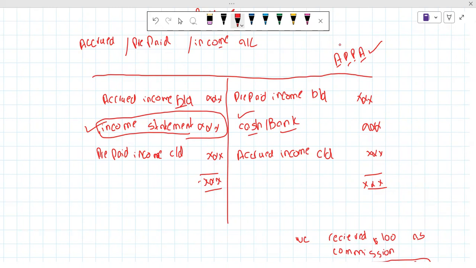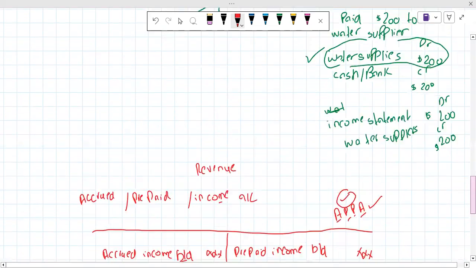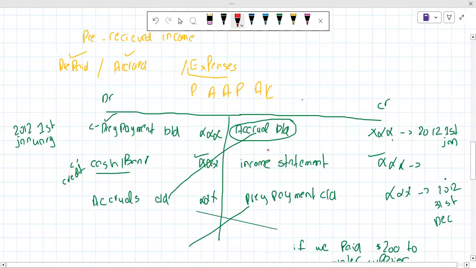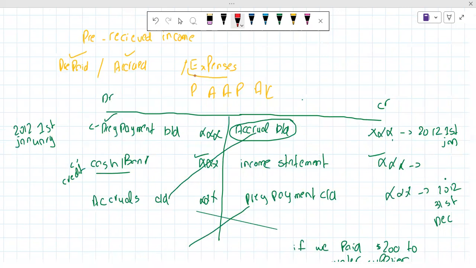So you just have to remember the APA mnemonic, and for the expense account, it could be both prepaid and accrued, so we have to follow the PAP mnemonic: prepayments, accrued, prepayment.